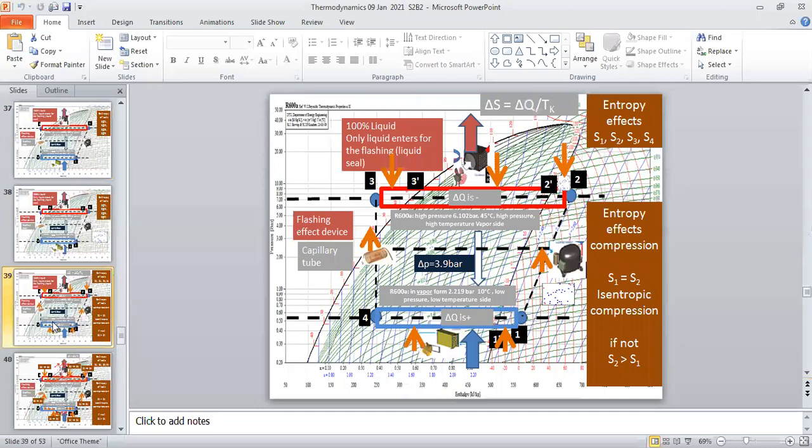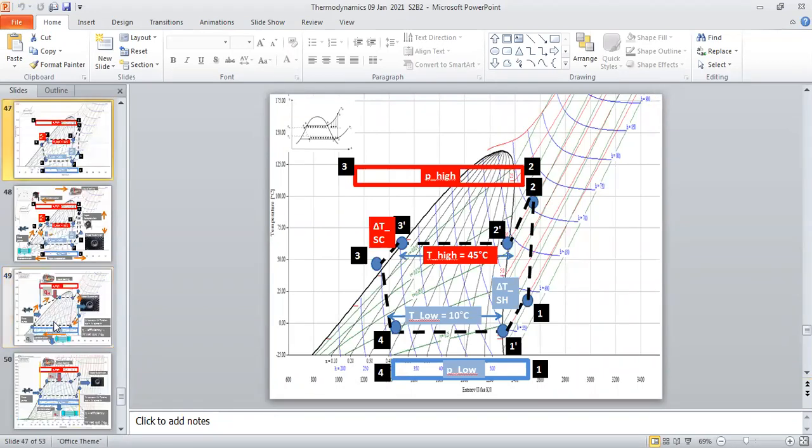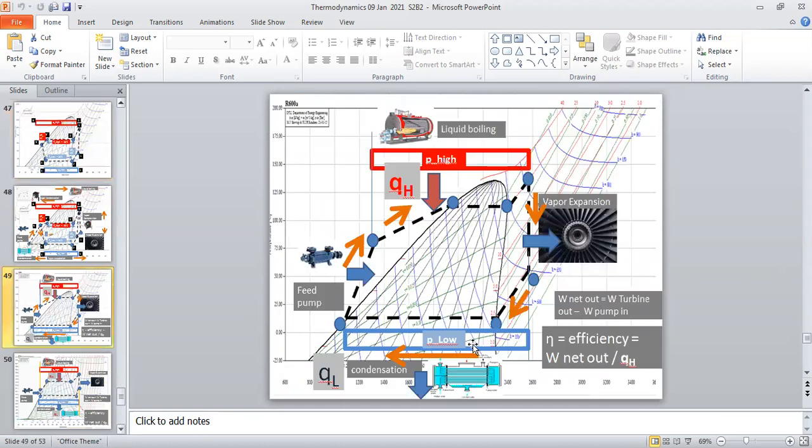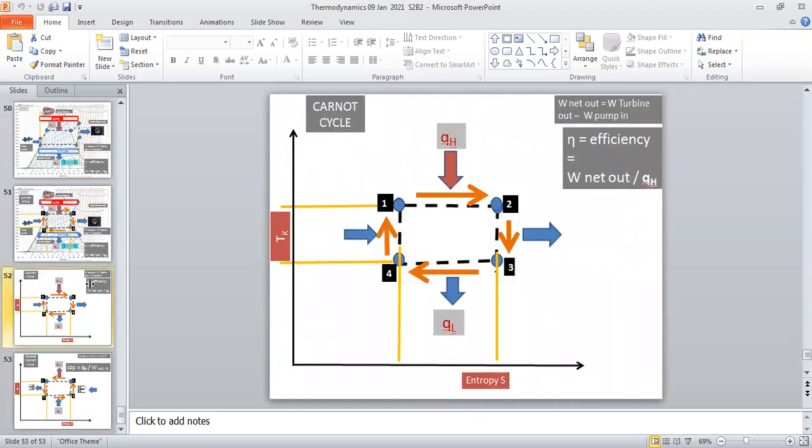So if you look into the videos, you will understand this very well. Okay, this is TS diagrams. Then from this Rankine cycle also we have developed this. This is a very important video again. Okay, I believe I have passed this to you all.